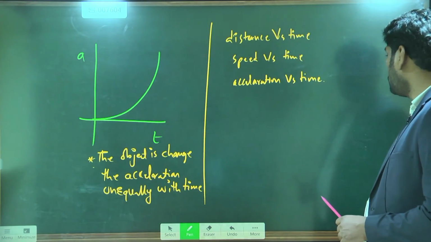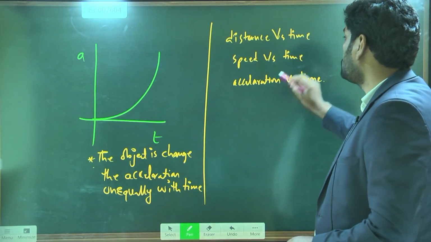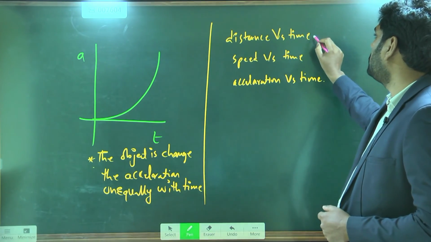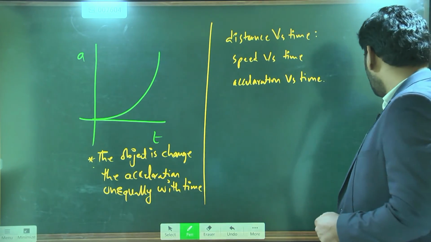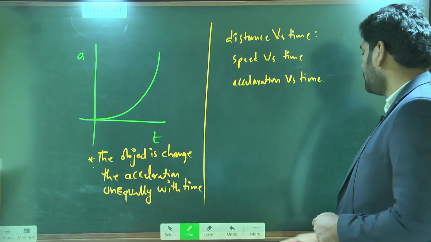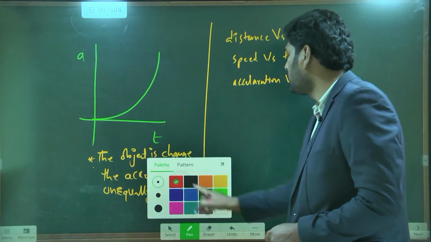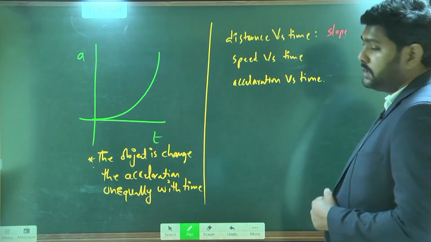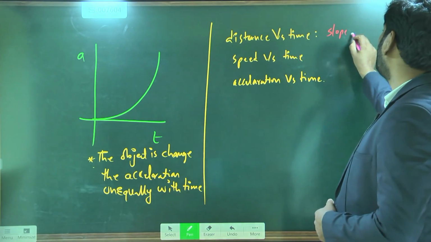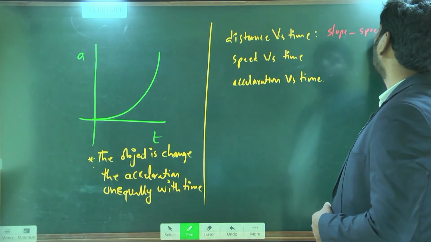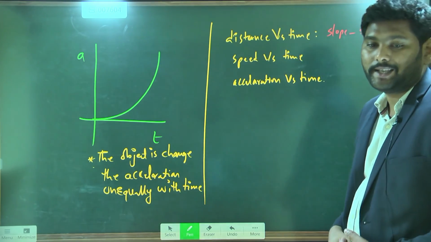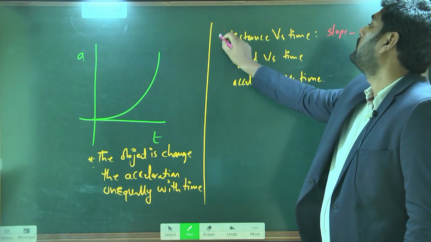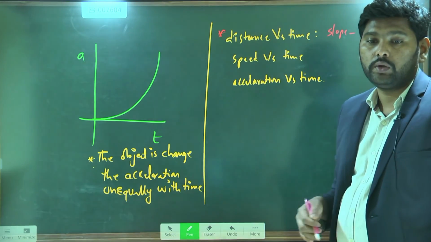Now coming to distance versus time, speed versus time, acceleration versus time. In distance versus time, what does the slope represent? Slope will give speed. Very good. What about the area? Does the area give any information in distance versus time? No information through area.